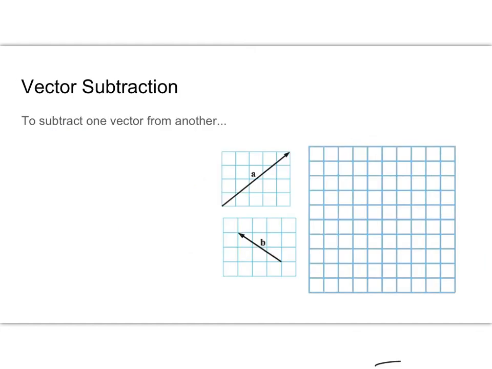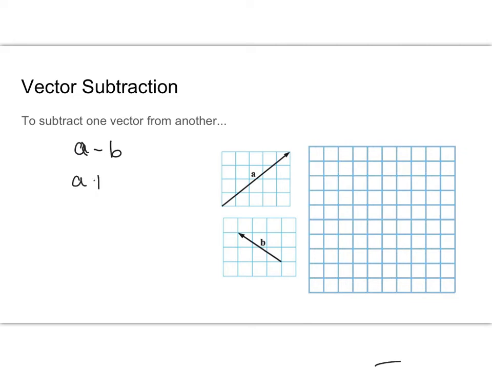So we're going to talk about vector subtraction now. If you want to subtract one vector from another, let's say we want to subtract b from a, so a minus b, we're going to do the same thing we do for vector addition.